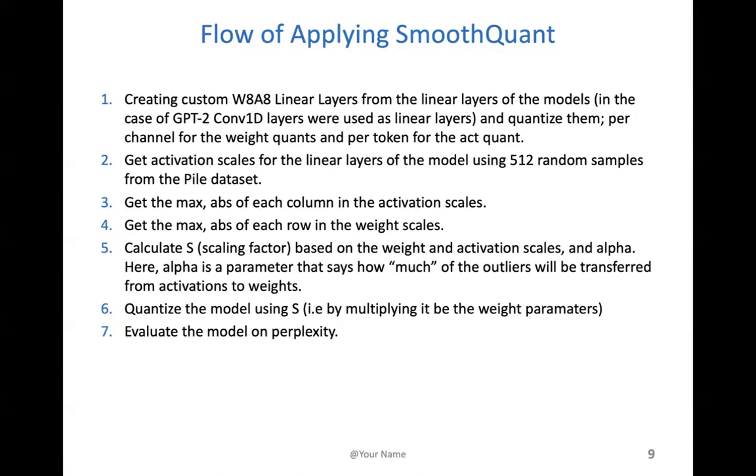Here, alpha is the parameter that says how much of the outliers will be transferred from activations to weights, as I explained previously. The only thing that was left to do was quantizing the model using this scale factor by multiplying it by the weight parameters. In the end, we evaluated the model using the perplexity benchmark and the Wikitext dataset.